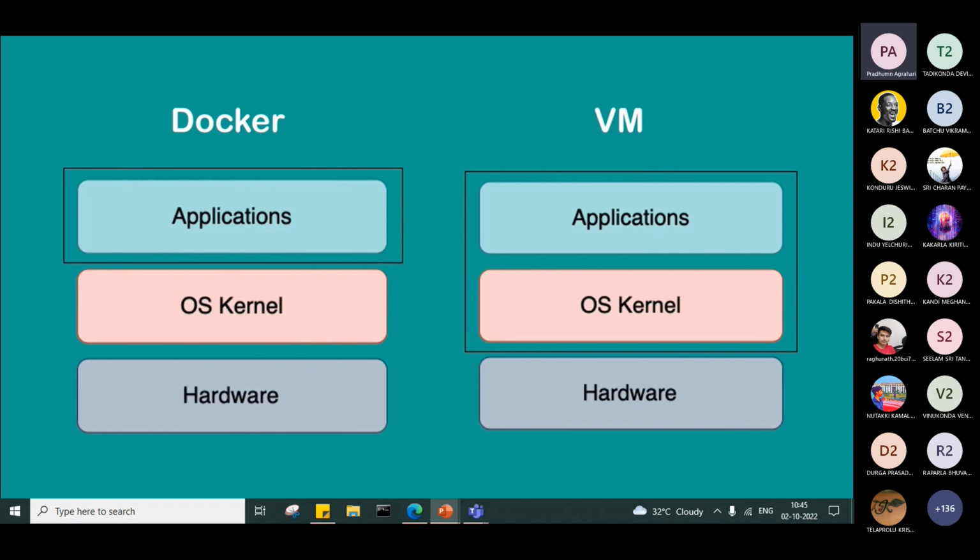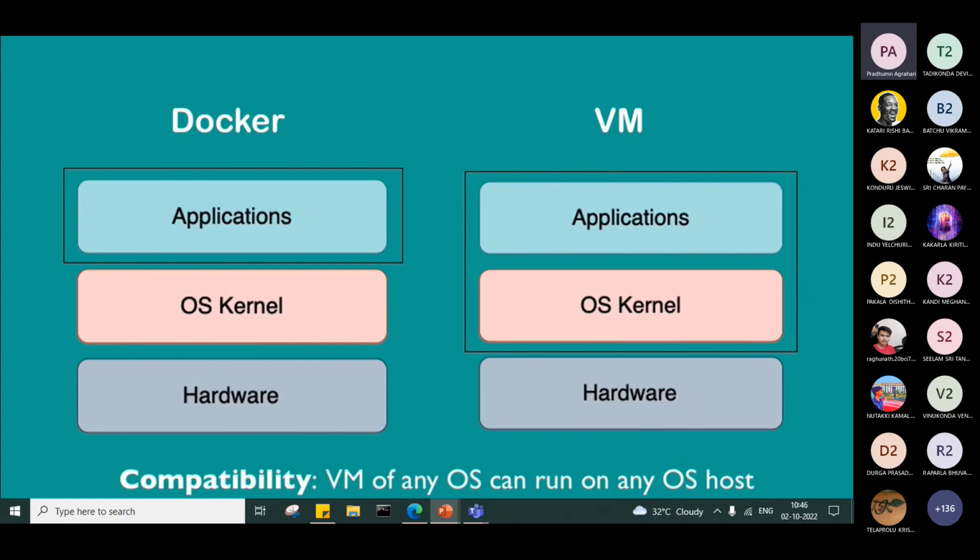But for Docker, it is not like that. It mostly works on the application layer. Since it works on the application layer, the image is much smaller, and since it is very light, it starts and runs very fast.